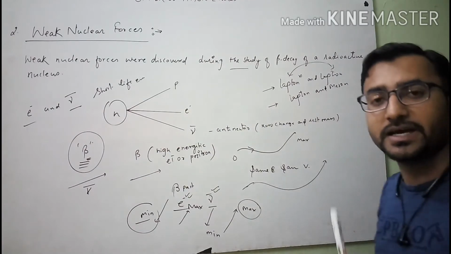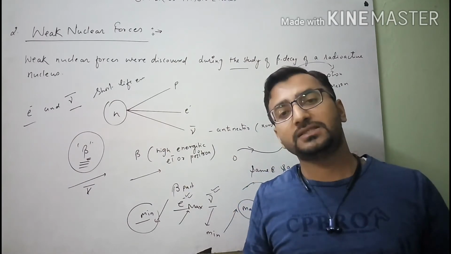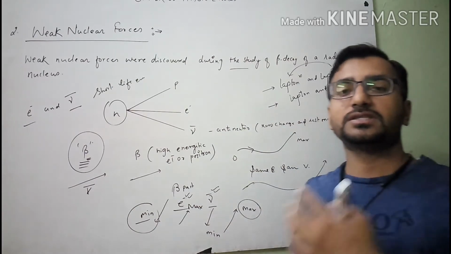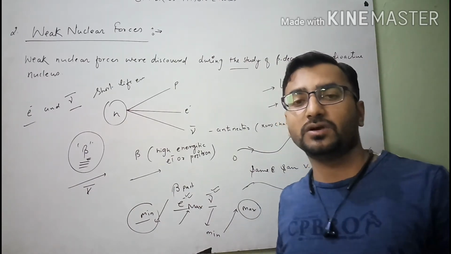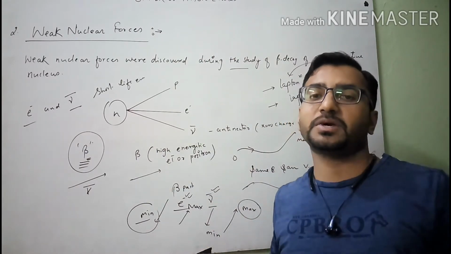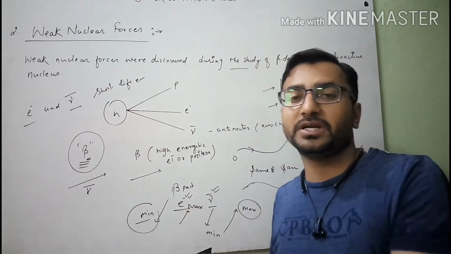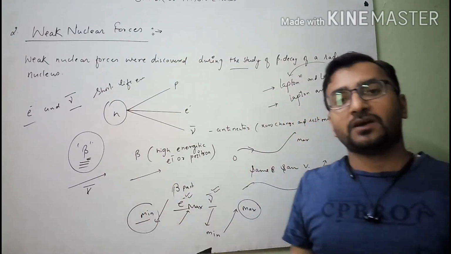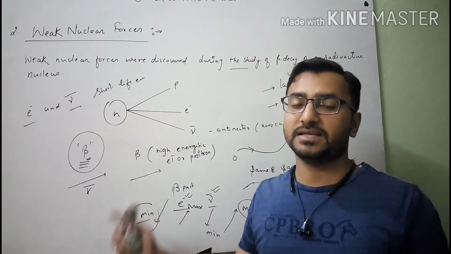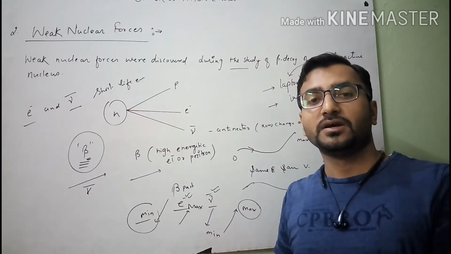So in short, the weak nuclear forces come into play during the beta decay of the nucleus, in which when the beta decay occurs in a neutron, the neutron is divided into two parts, proton and electron. And Pauli postulated that an uncharged elementary particle is also emitted with the beta particle during the beta decay of the neutron, and they share their energy between them.